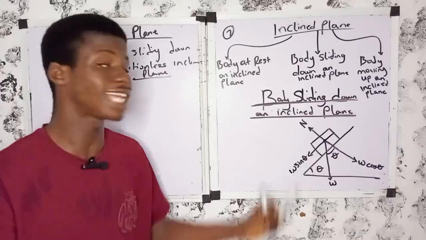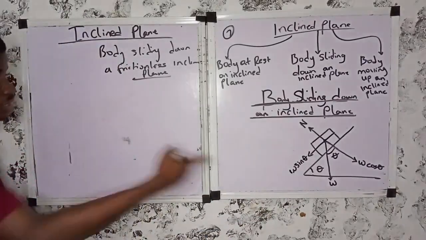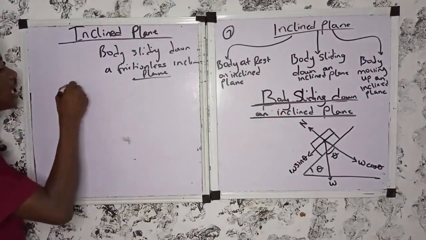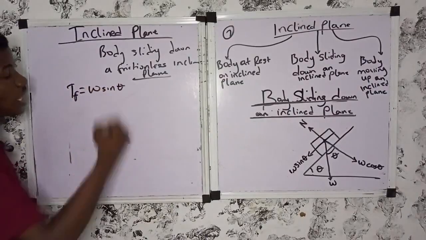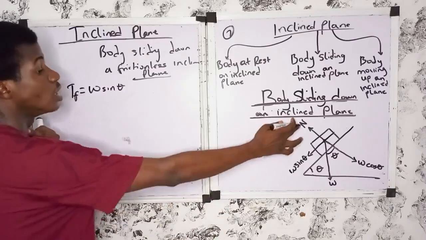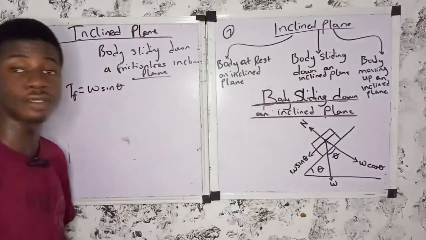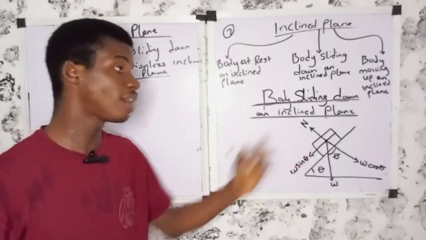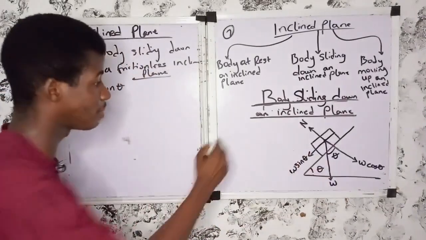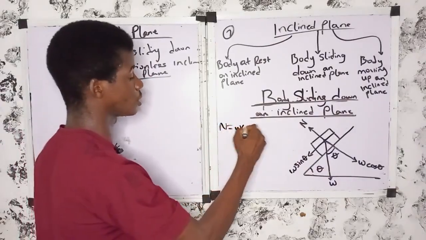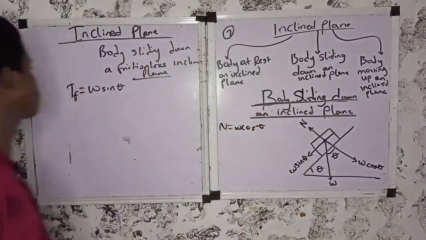So the total force acting parallel to the plane is just W sine theta. What about the total force acting perpendicular to the plane? There are two forces acting perpendicular to the plane, which are N and W cos theta. Remember, N is equal to W cos theta, right? So let's continue now.